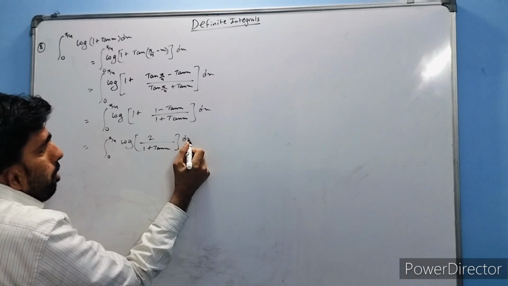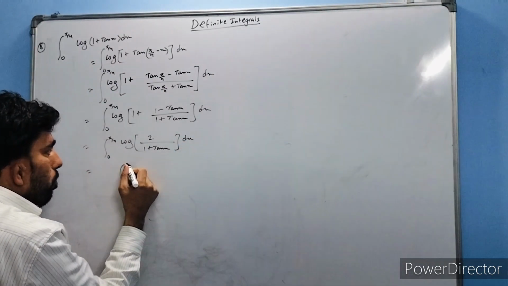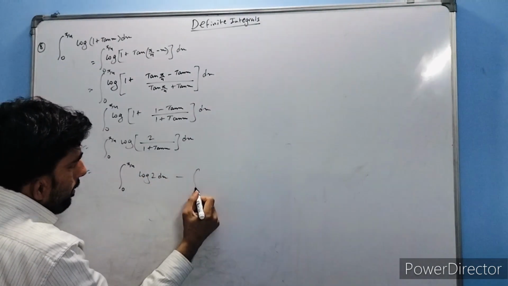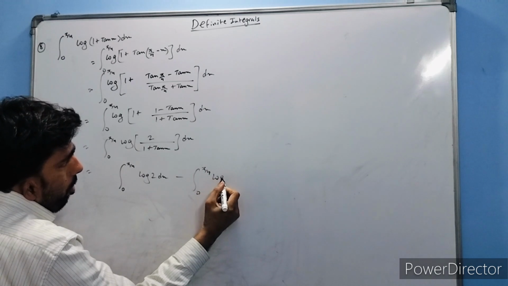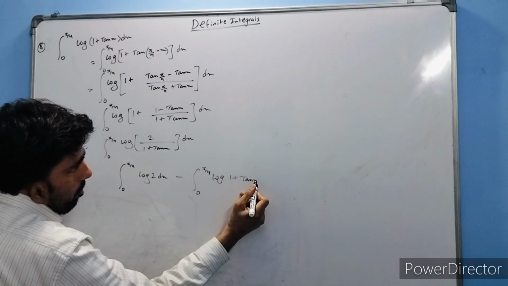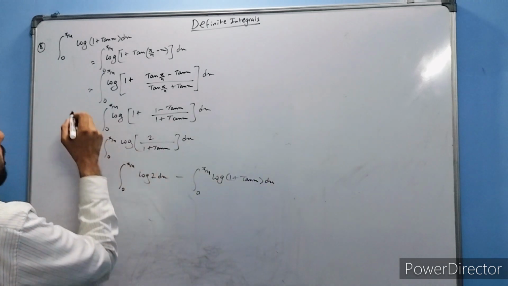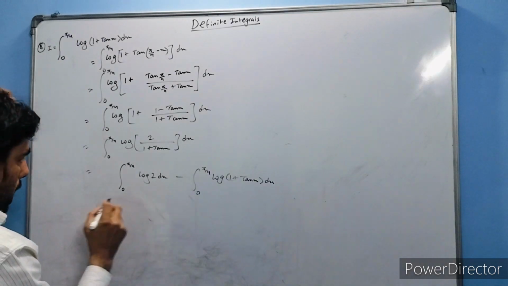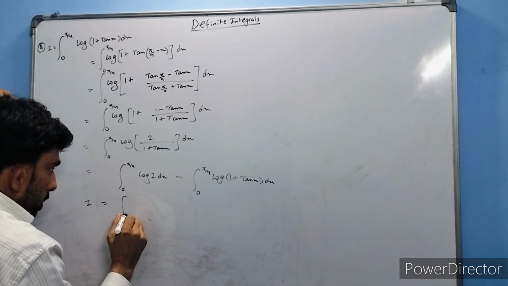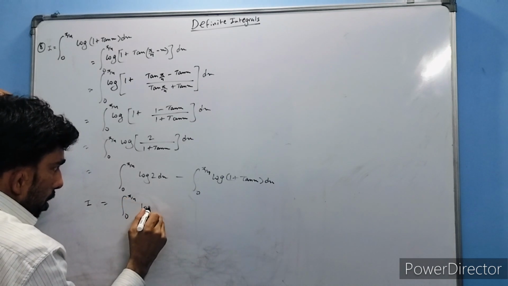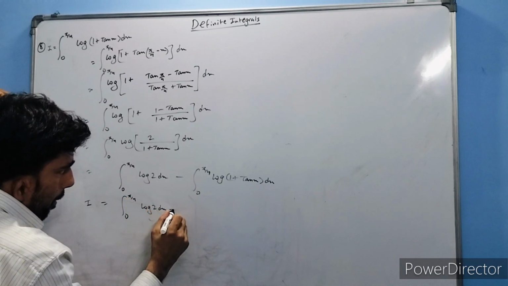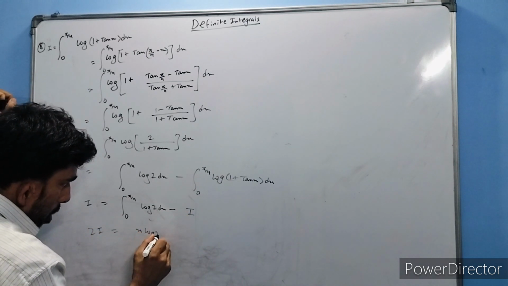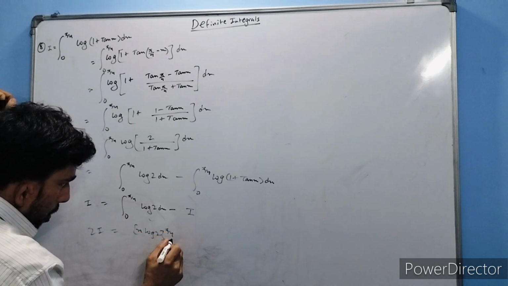Okay, so now let us try to see what we can do here. Log 2 dx minus the integral from 0 to pi by 4 of log 1 plus tan x dx. So this is what we are solving, I is equal to the integral from 0 to pi by 4 of log 2 dx minus I. So we got 2I is equal to x log 2, with limits pi by 4 and 0.